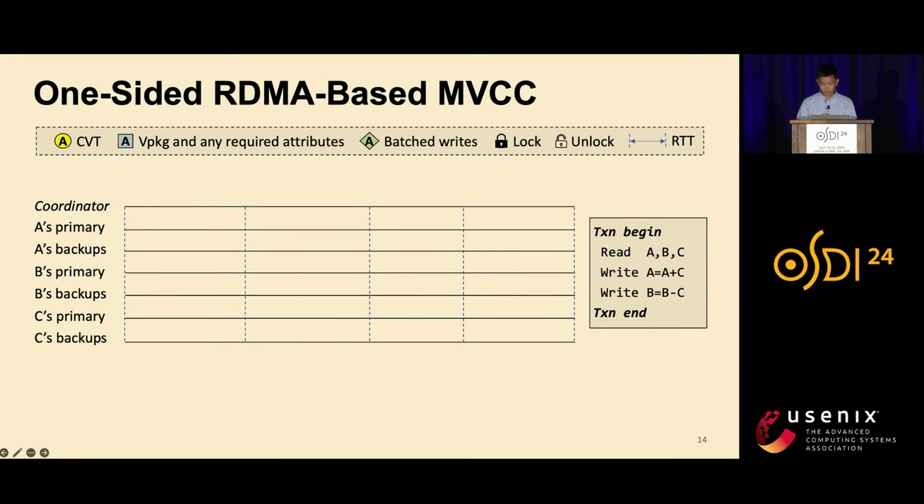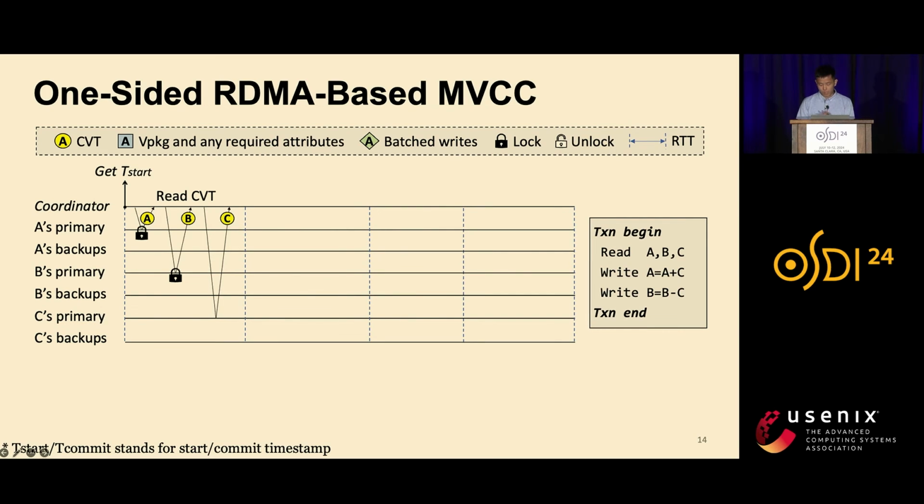Based on our CVT structure, Motor designs a one-sided RDMA-based MVCC protocol that fully bypasses the weak CPU of memory nodes. Consider this read-write transaction on the right hand. A coordinator first uses RDMA read to fetch the CVTs from the primary replicas each time when the transaction logic needs to read data.